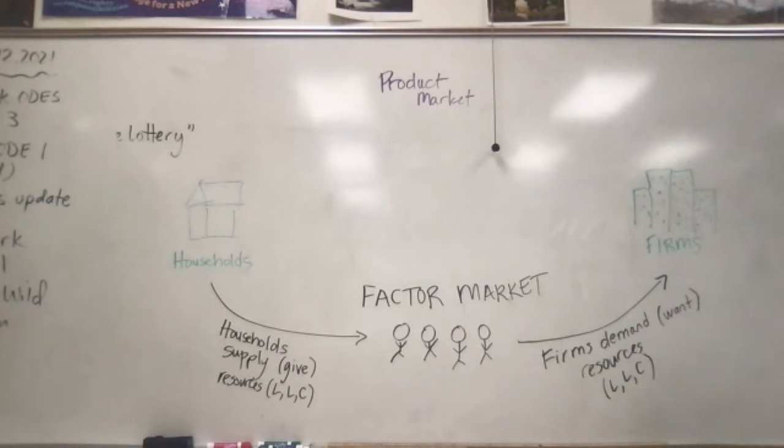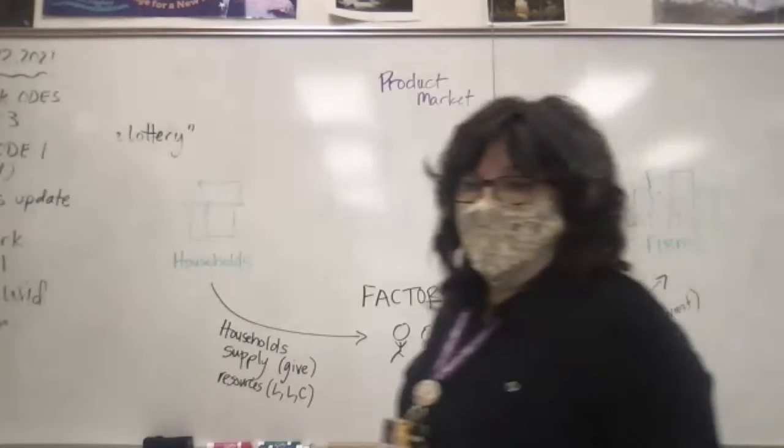Supply means you give something. I am supplying you with this information, I'm giving it to you. When I want something, you can say I demand it. I know that sounds crazy, but what's the demand for something? So here in the factor market, we've got resources. Households give the resources. They supply them, but they don't do it for free.